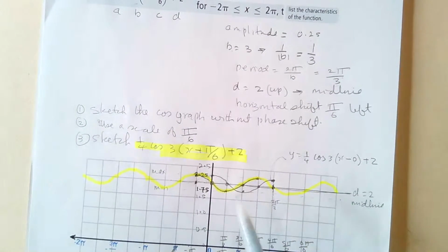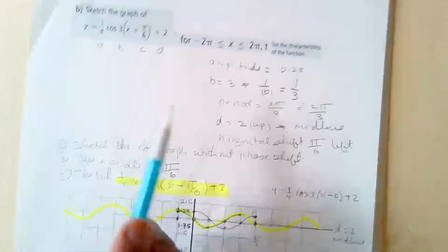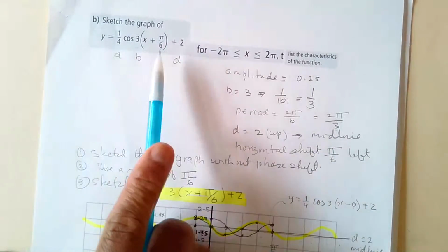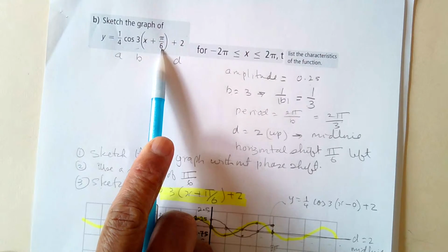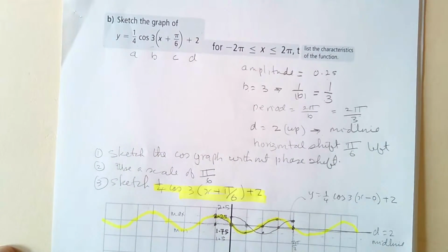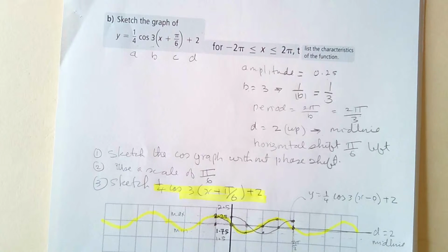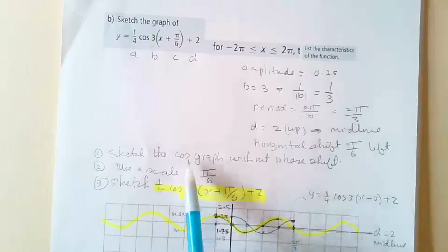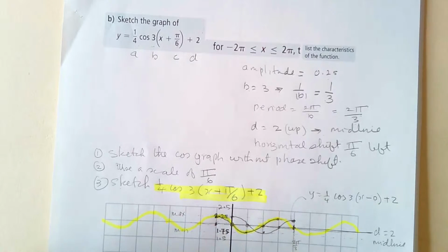Generally, what you would like to do is look at your phase shift and your scale, and it's much easier to graph that way. Always try to sketch your cos graph or your sine graph without the phase shift, using your amplitude and the period, and then make the phase shift, because it's easier.